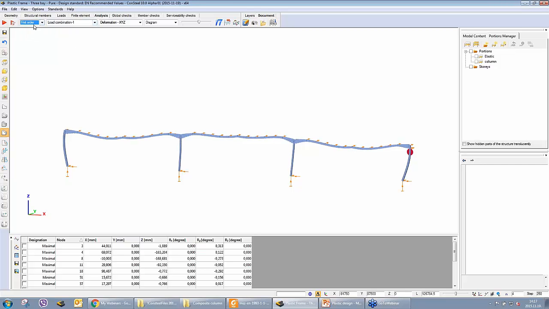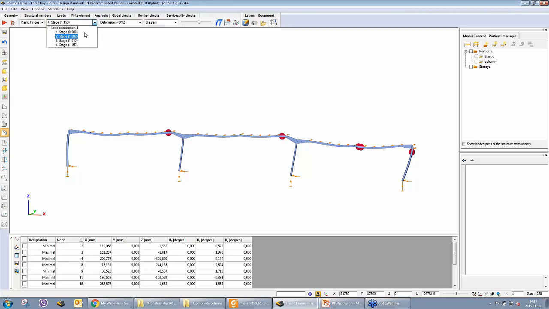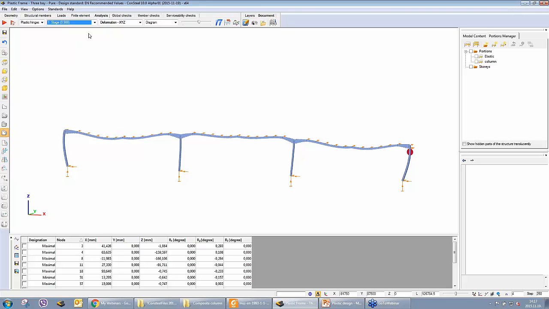What we see is that at the first order stage, at the load level of 1, which is the design load level, we have only one plastic hinge below 1. That means that at the design load level we have to calculate with only one plastic hinge. So this is the only plastic hinge for which we design our structure.